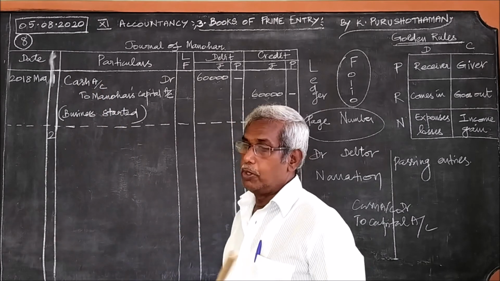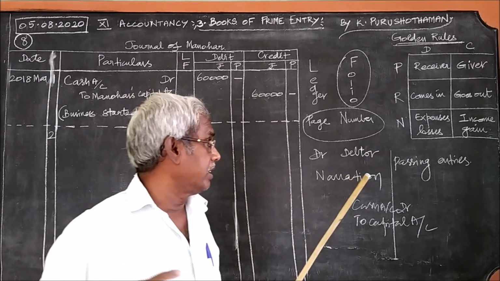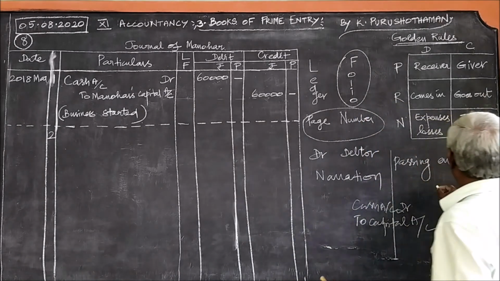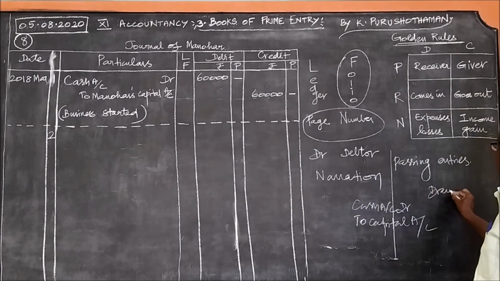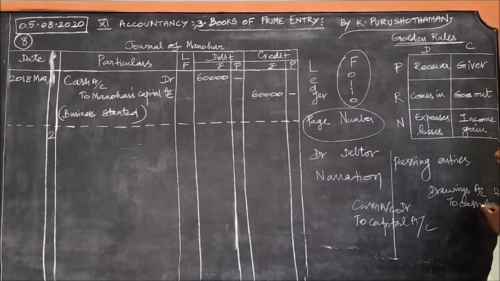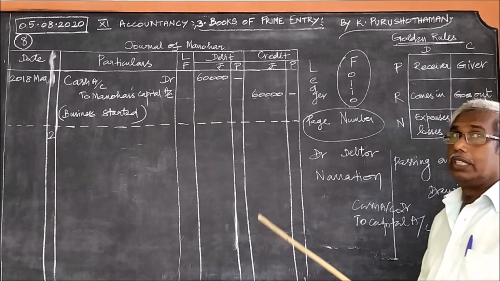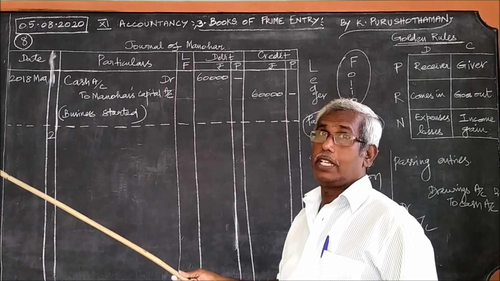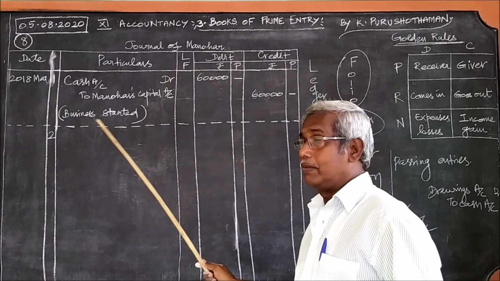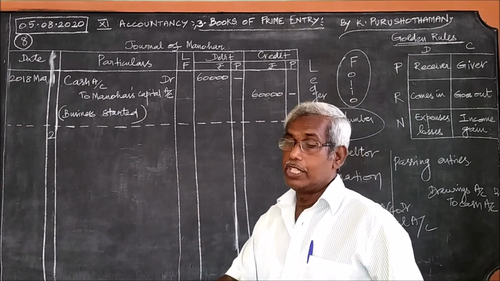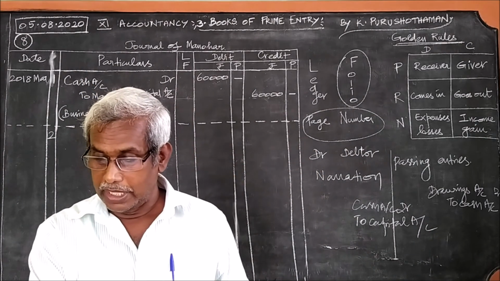Suppose you are writing the term drawings: drawings account, debtor, to cash, in the middle of this word. To cash account. Like this you should write. Don't write one line as you like somewhere, the second line as you like somewhere. No.